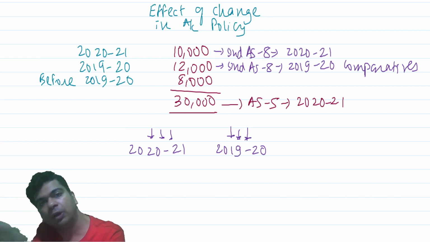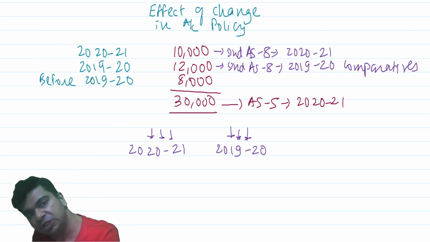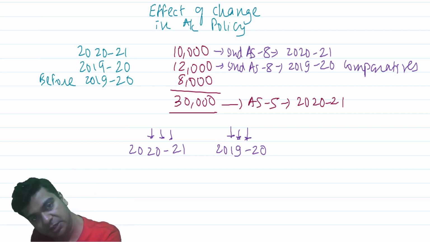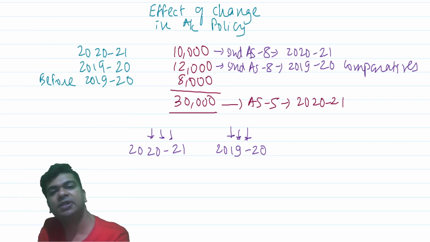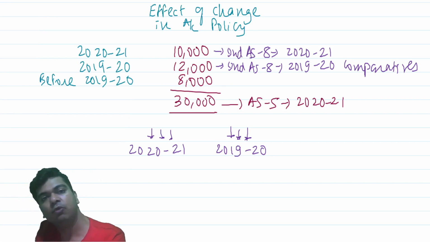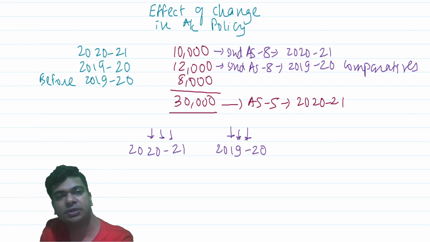If you are giving effect over there, what will happen? The profit of that particular year will change. The assets and liabilities of that particular year will change. In other words, your opening balances of the assets, liabilities, and items of equity will change, isn't it? That is exactly what you will be doing for the period before 2019-20.